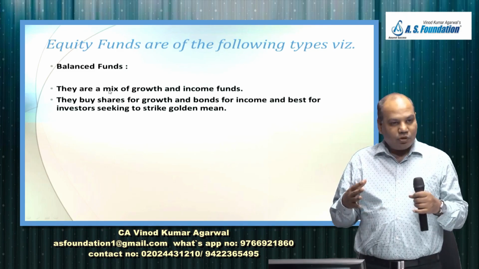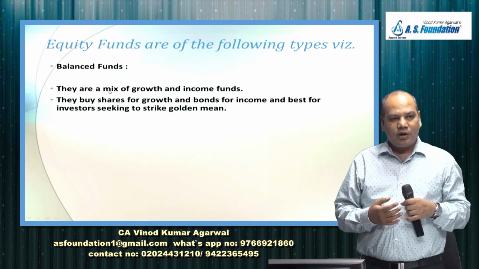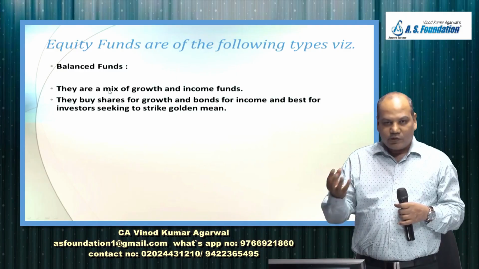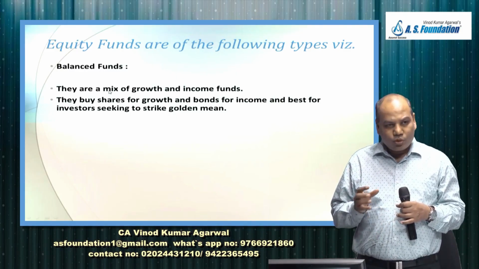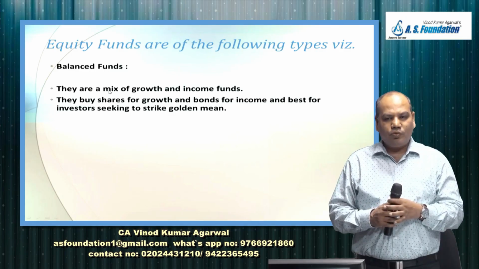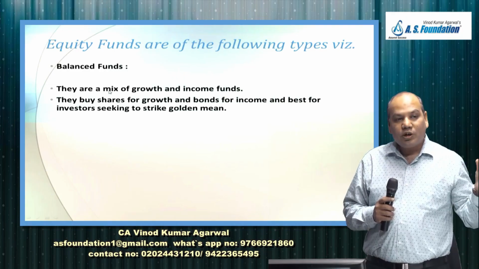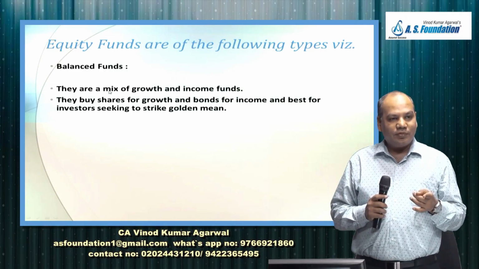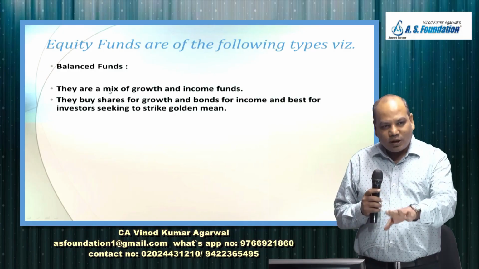And this is a mixture of growth fund and income fund. They give you the advantage of capital appreciation also, and at the same time they give you income also. So good for those people who don't want to fall in either of the two extremes. You don't want to take a very high risk also, yes or no? And you also want a regular income.